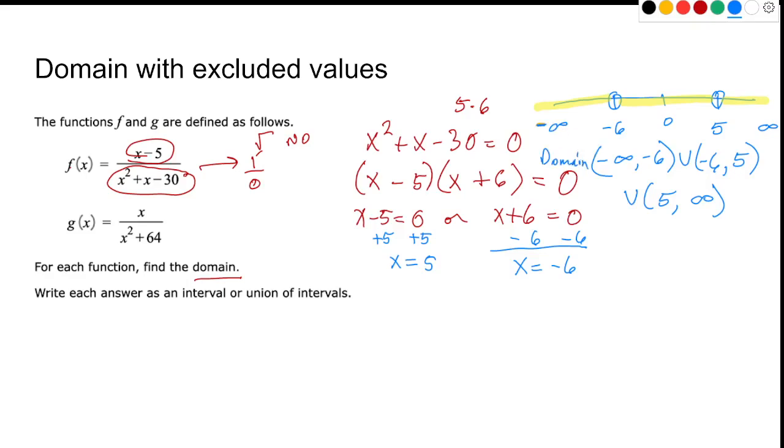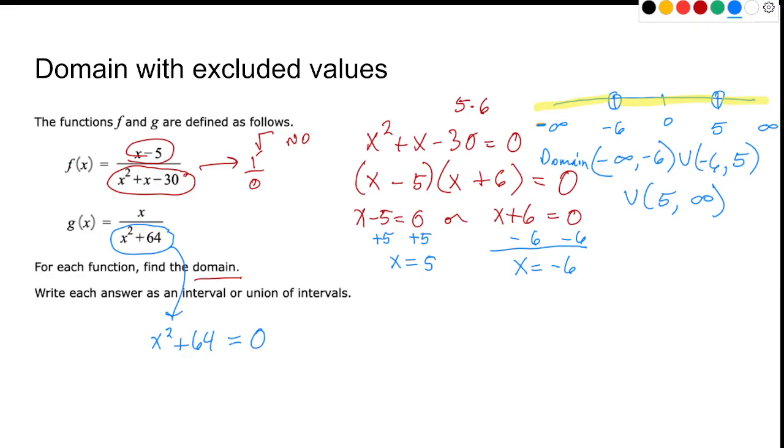Okay, perfect. Now, for the second question, g of x, let's take a look. Could the denominator here ever become equal to 0? So again, that's the only issue, just like the other one, there's no square root. So we say, can x squared plus 64 ever equal 0?